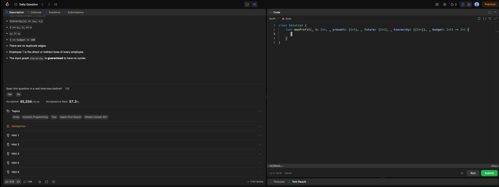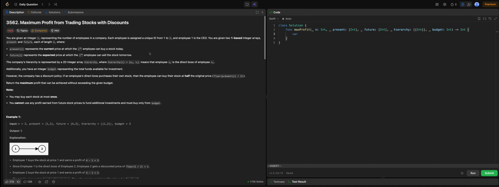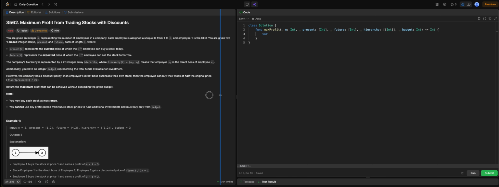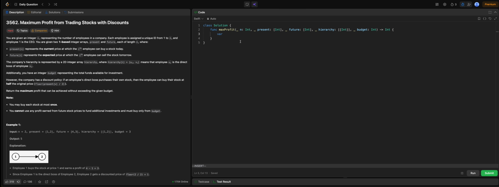Alright, okay, what I could think of is I will create a depth first search. Before we start writing the depth first search, let's create the things we need to flatten our hierarchy, because that is one base index, which will be a little bit difficult for us to tackle in the whole problem.